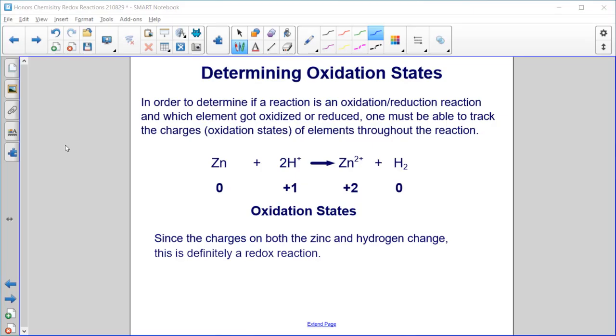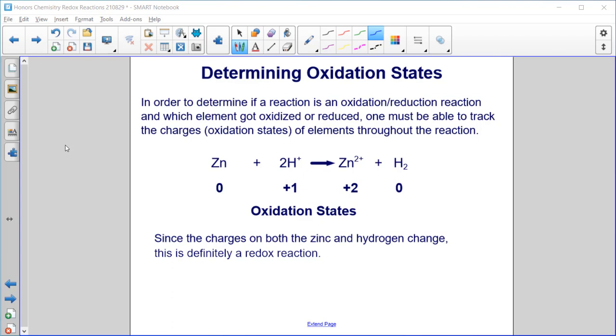So we've sort of been alluding to it, but let's discuss now how we determine oxidation states. In order to determine if a reaction is an oxidation-reduction reaction, and which element is oxidized and which is reduced, we have to track the oxidation states of elements throughout the reaction. Let's take a look at this example here.